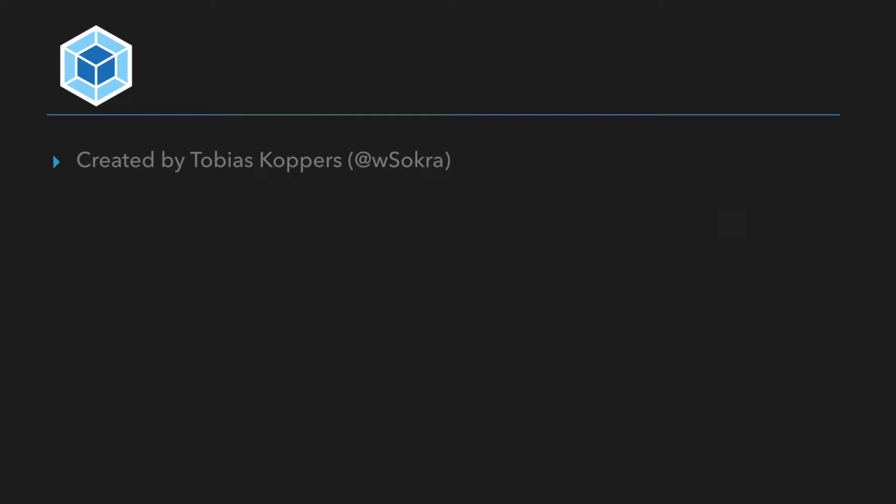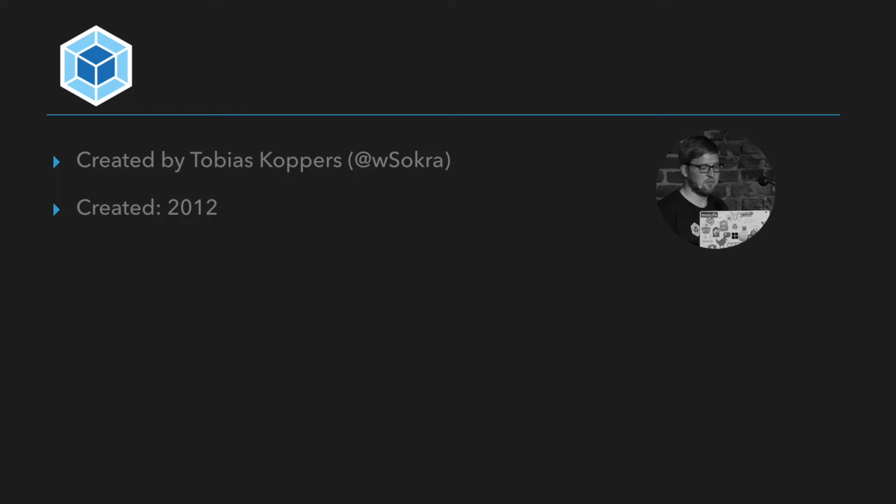So Webpack was created by Tobias Koppers. Here's his Twitter handle. It was created in 2012. Now, those of you who are familiar with your JavaScript history know that a red flag should have been raised, because we associate Webpack with React, but React wasn't announced until a year later, in 2013. So when I saw this date, I automatically was like, wait, hold on.